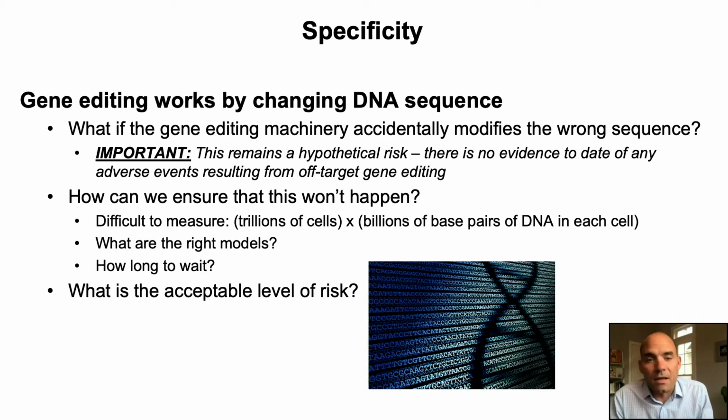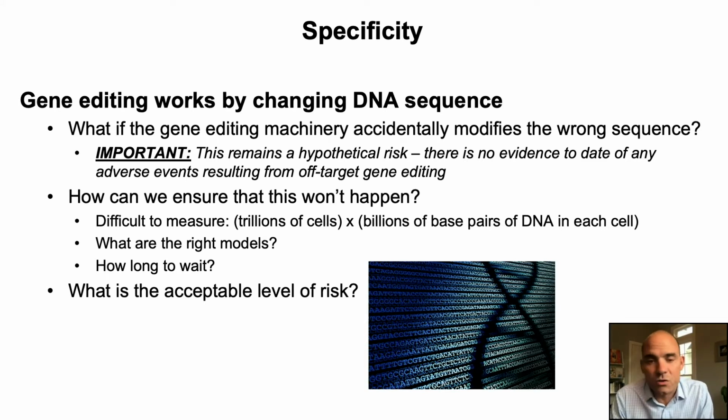So that being said, I think the question is probably, why are we wringing our hands over this possible off-target editing if it has not yet emerged as a risk in one of these preclinical or clinical trials? And that really boils down to the technical challenges of monitoring this problem and ensuring that it is not happening or could not potentially happen.